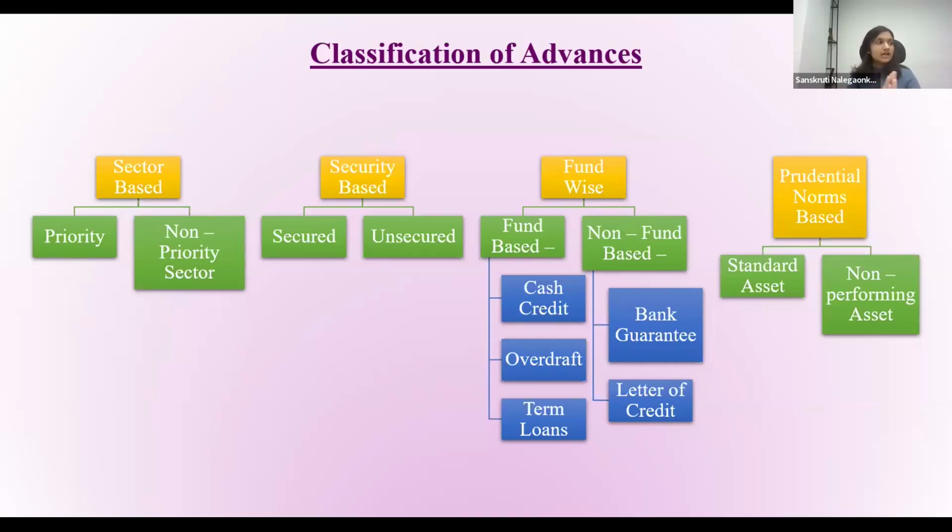As I told, Atharva will be explaining different types of loans, different types of classifications, and NPA classification for the different types of loans. In summary, banks classify advances based on sector, security, fund utilization, and prudential norms.